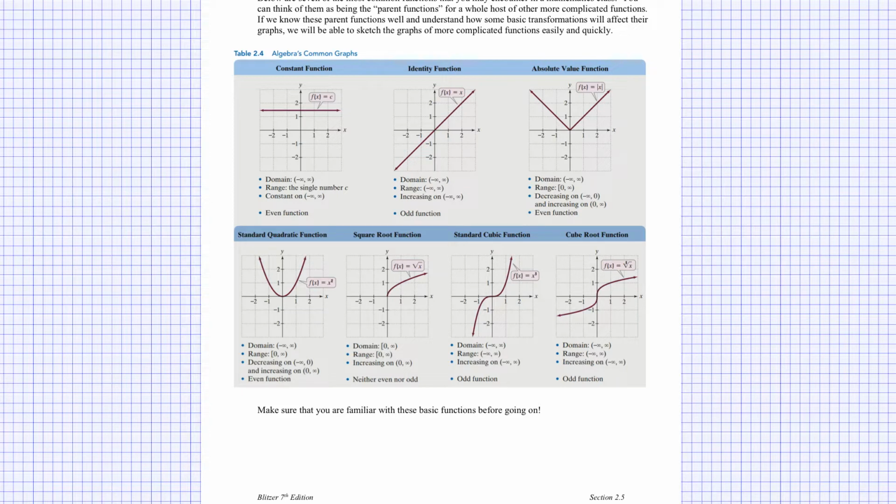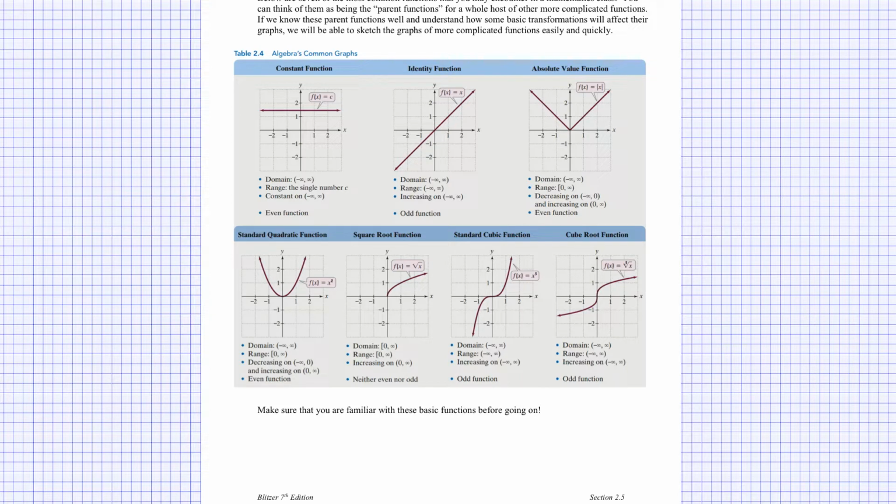So those are the 6 basic parent functions that you're going to need to be able to think about the next part of the section, and that's transformations that are going to be carried out on these basic parent functions.